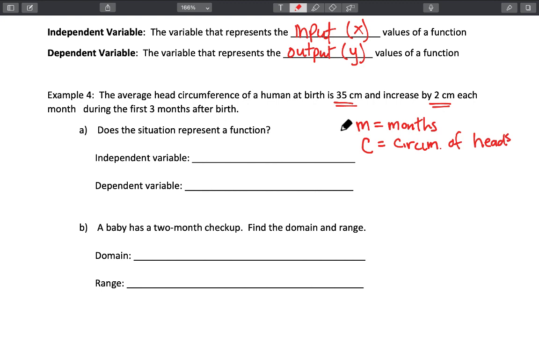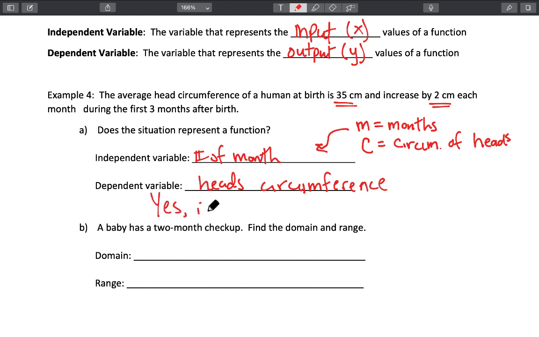Our independent variable, first of all, we listed here is m, the number of months. And the dependent variable is going to be the head's circumference. And we're going to say yes, this is going to be a function, because each input will have exactly one output. All right, now a baby has a 2-month checkup.